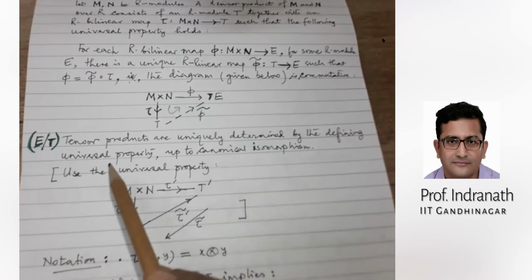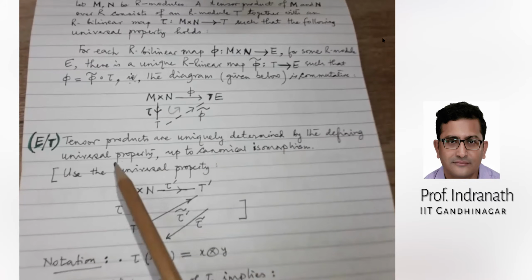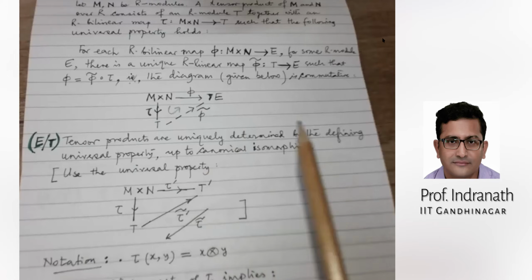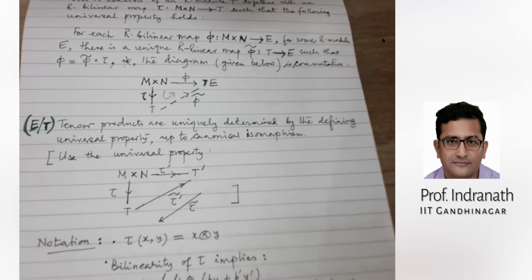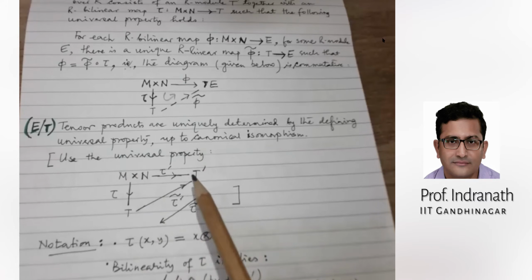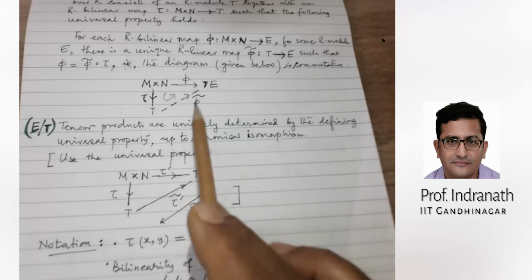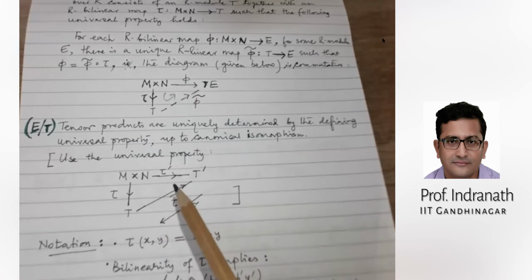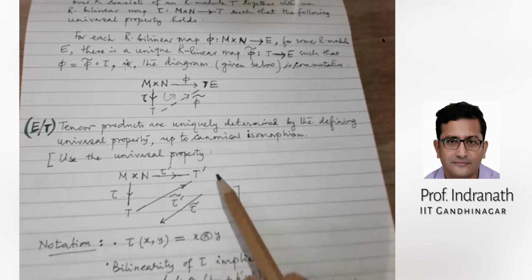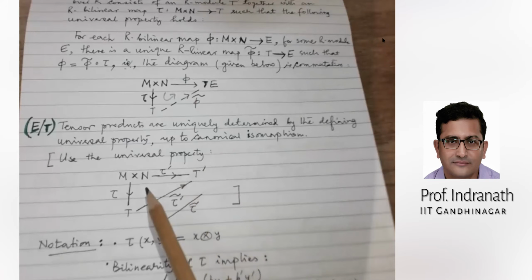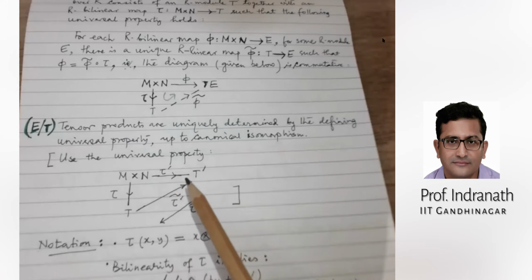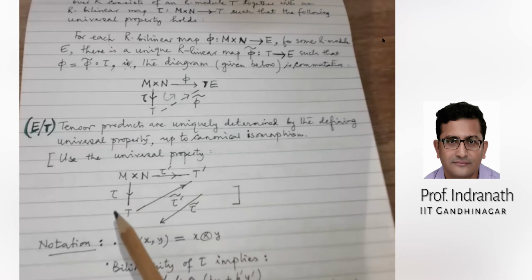Okay, so tensor products are uniquely determined by the defining universal property up to canonical isomorphism. If you have studied this, you must have done it. It is a very standard procedure: you assume that there are 2 R modules T and T dash with 2 bilinear maps, tau and tau dash, which satisfy this universal property. So you just apply the universal property twice, and you get the R linear map tau dash tilde in one direction, and tau tilde in the other, by applying the universal property for this bilinear map.